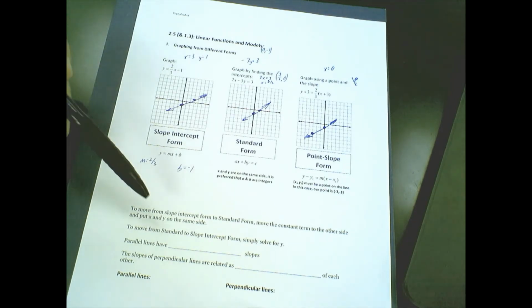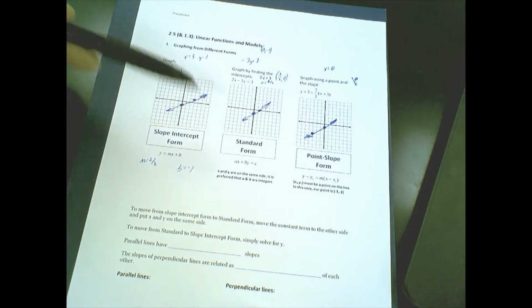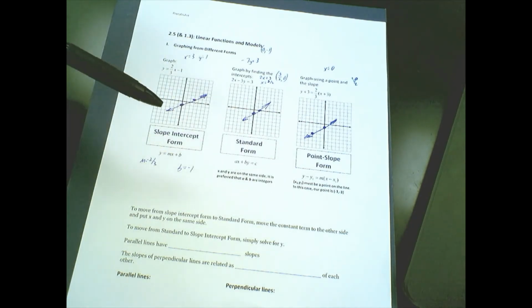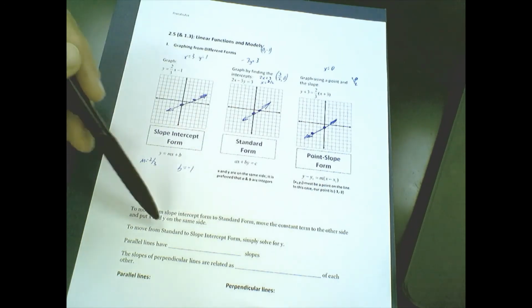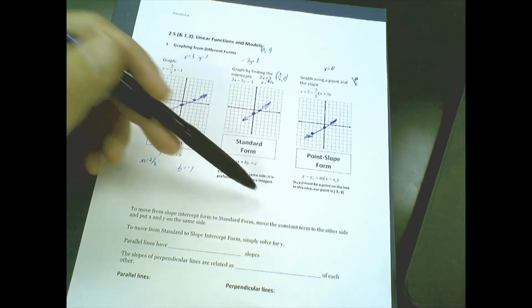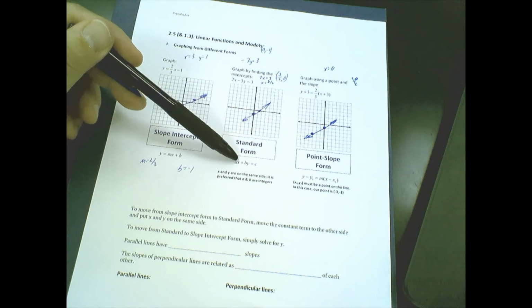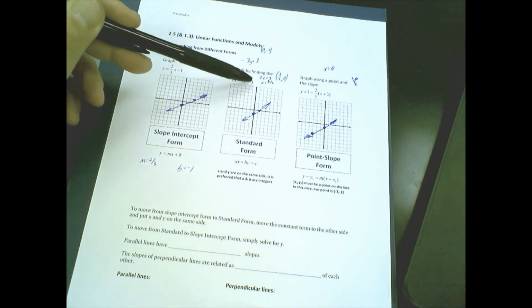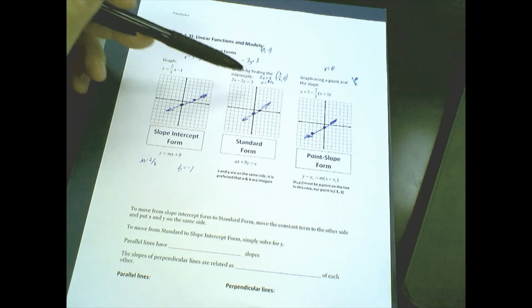If you want to move from slope-intercept form to standard form, all you need to do is move all the constant terms on one side, or the constant term on one side, move x and y onto the same side. It's preferred that a and b are integers. Doesn't have to be, but it's preferred that you'll have something that looks like 2x minus 3y equals 3 as opposed to 5/4 x minus 3/8 y equals 7 or something of that nature.